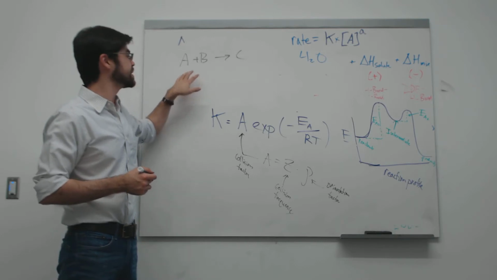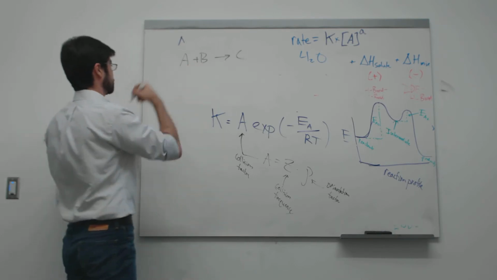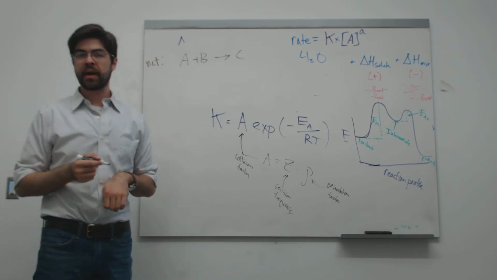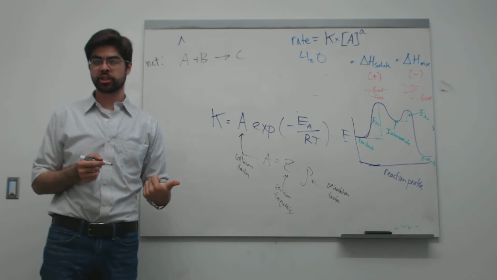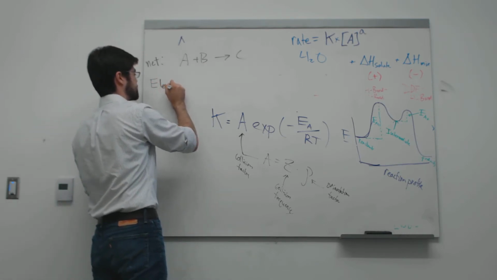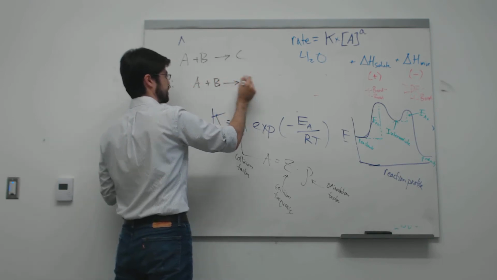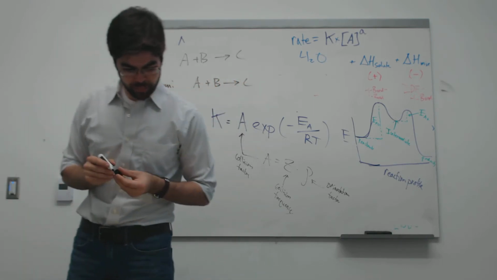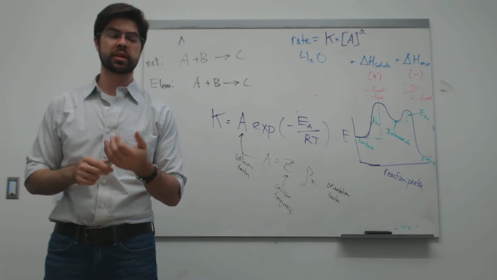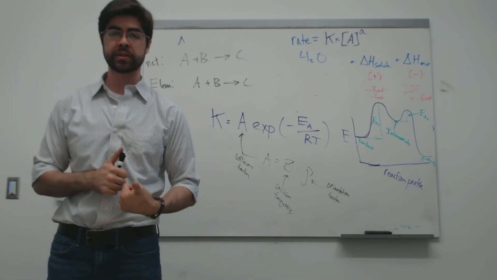How can I predict if this actual net reaction is the same as the elementary reaction, meaning that the elementary reaction is the exact same as the net reaction? The only way you can prove or assert that is if you know it happens in one step.